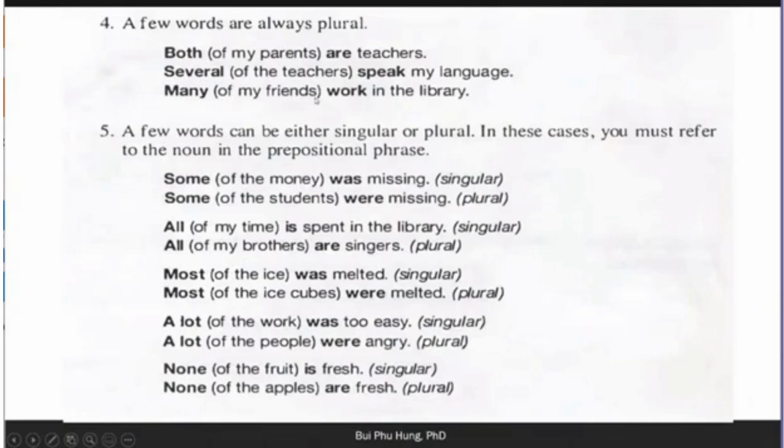Many of my friends work in the library. Many, plural, and work, plural. So remember, much is singular and many is plural.